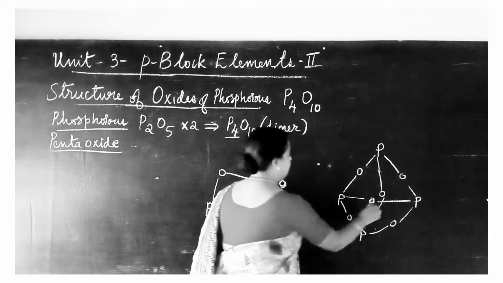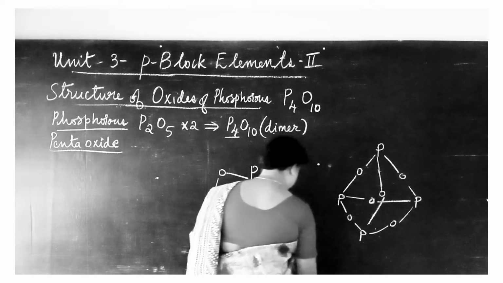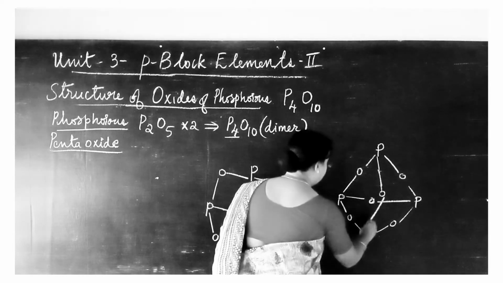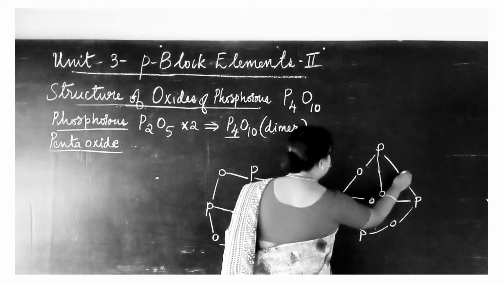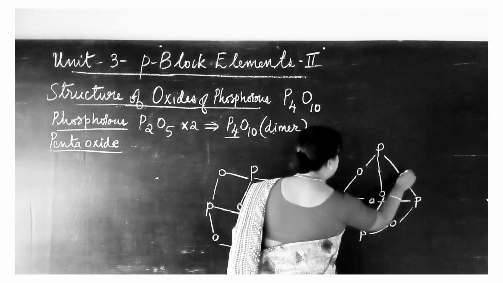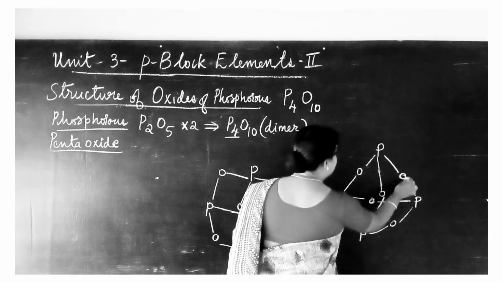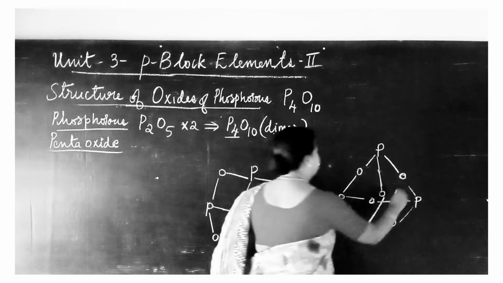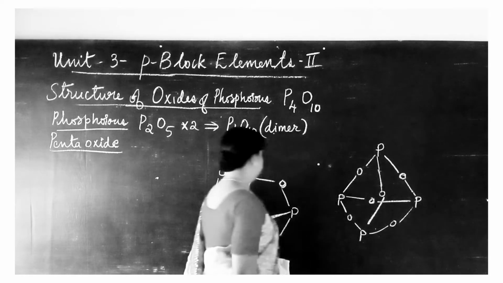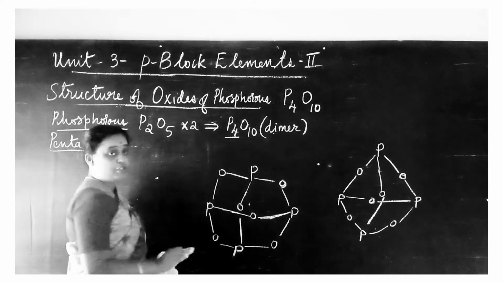Like this, tetrahedral. So this is a tetrahedral structure. Okay. So in this tetrahedral structure, one oxygen atom should be there in between the 2 phosphorus atoms. Okay. So this is the structure for phosphorus trioxide.